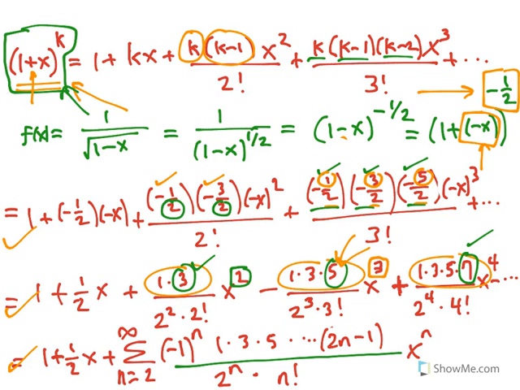And I can see that most clearly just by working with the nth term as I have written here. So I'm going to replace x with negative x and raise that to the n power, and then I can work with that and I'll get the correct description of the nth term. To be correct for the step before, I need to replace every x with negative x.